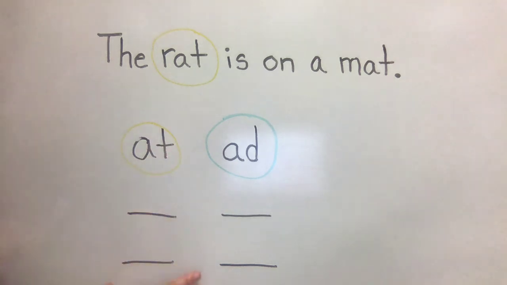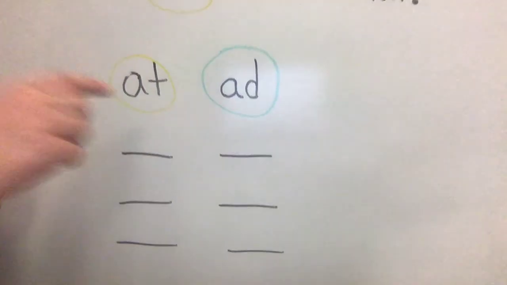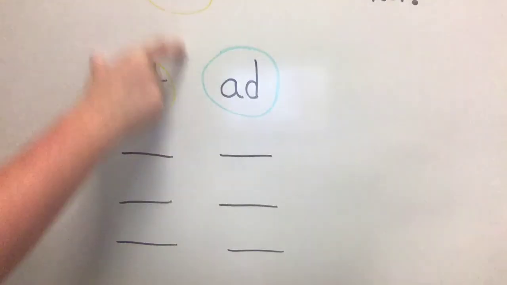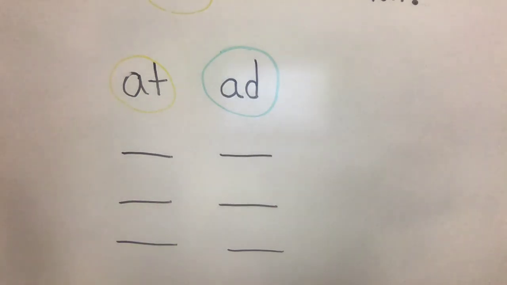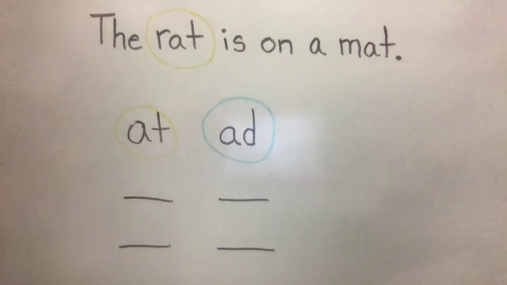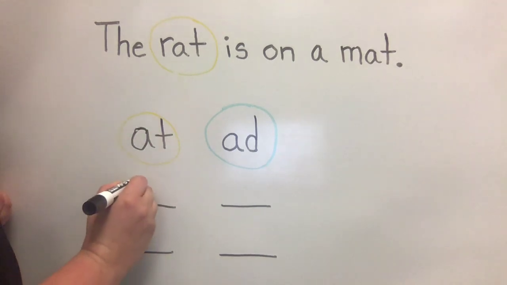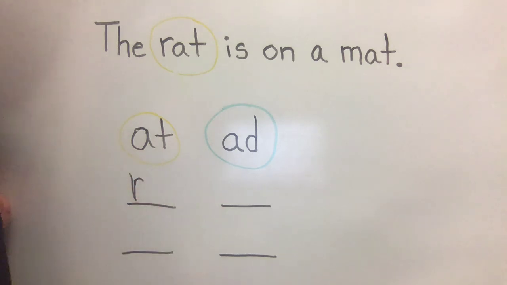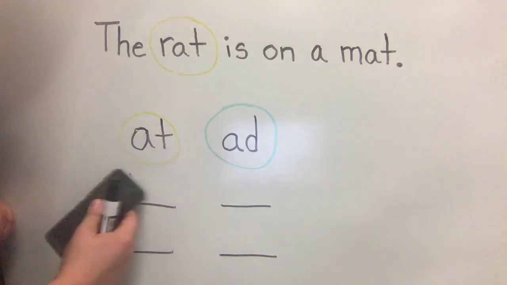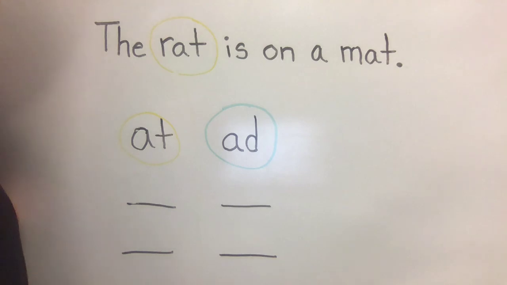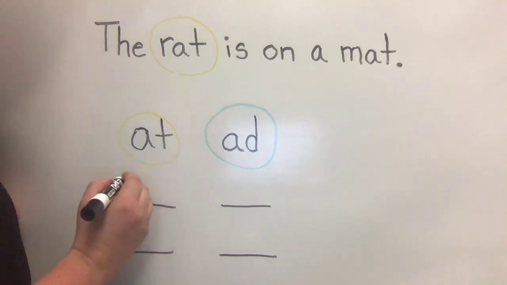This is a category because we keep this all together right here. So you're going to write that word rat on the first line under at. And I sound it out as I write with my pencil. Oops, that's kind of silly. And you can always erase if you make a mistake. That's why we use pencil.